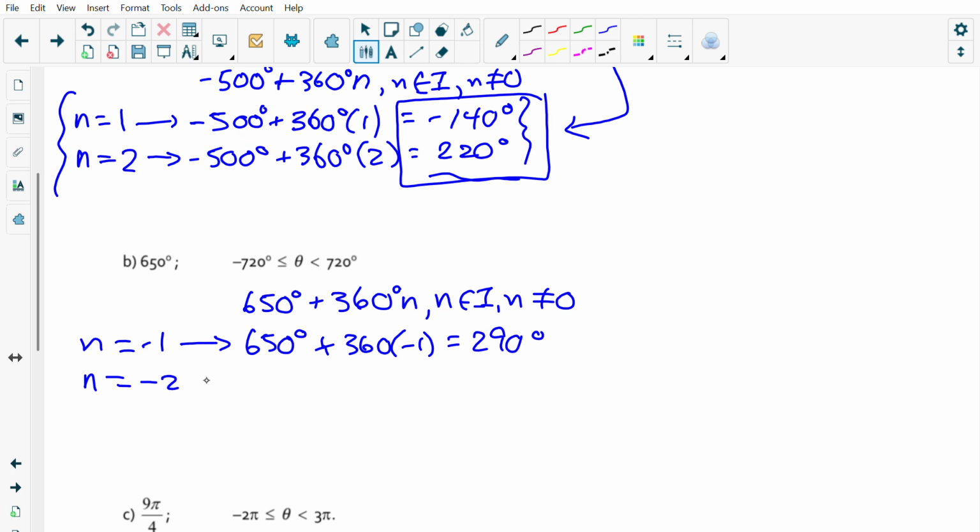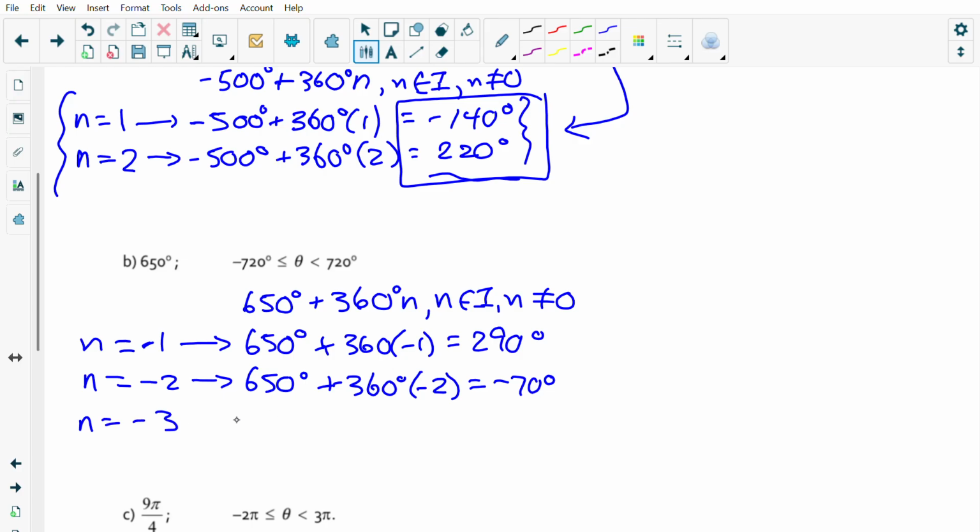N equals negative 2. Okay, so we got to keep going with the negative n values to get to our negative values. So n equals negative 2. That's 650 degrees plus 360 degrees times negative 2 equals negative 70 degrees.